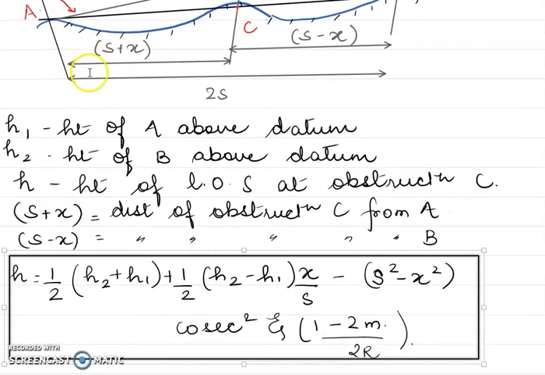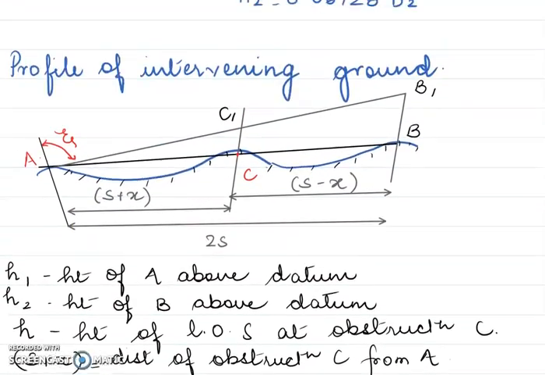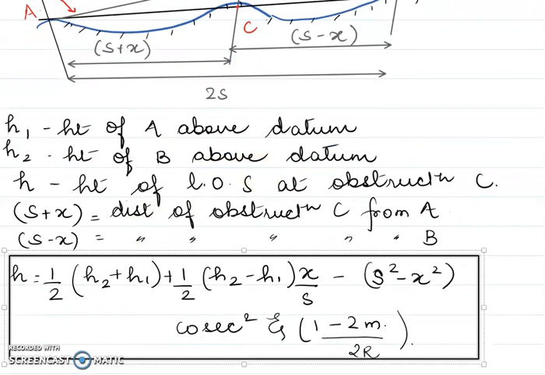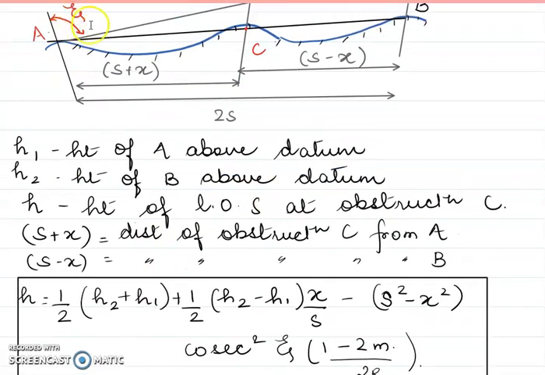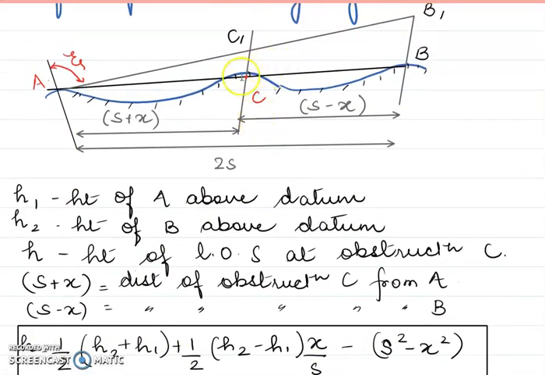If you look at this diagram, this angle is measured with the plumb line, the vertical axis, and that angle is denoted as epsilon. This epsilon appears in the equation for h, which is the distance by which this point has to be raised in order to make your line of sight unobstructed.